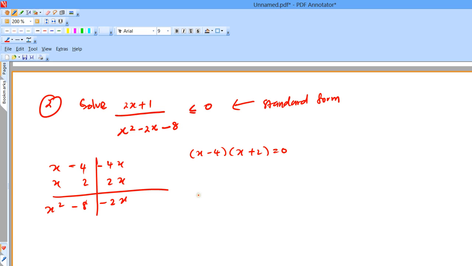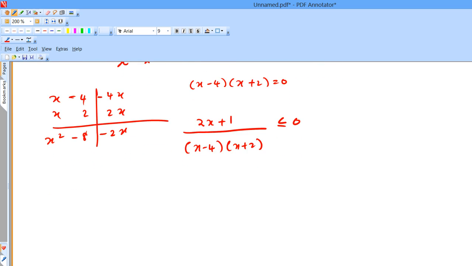So the new expression is (2x plus 1) over (x minus 4) times (x plus 2) less than or equal to 0.